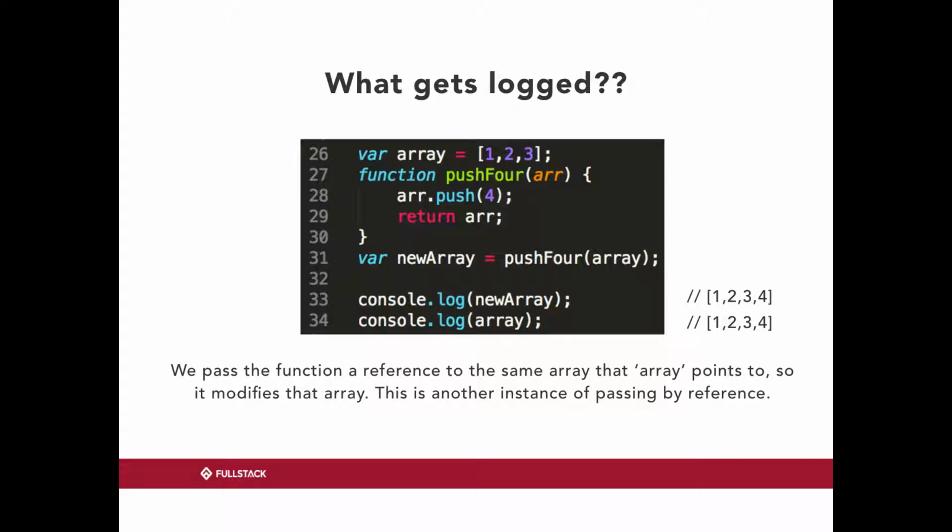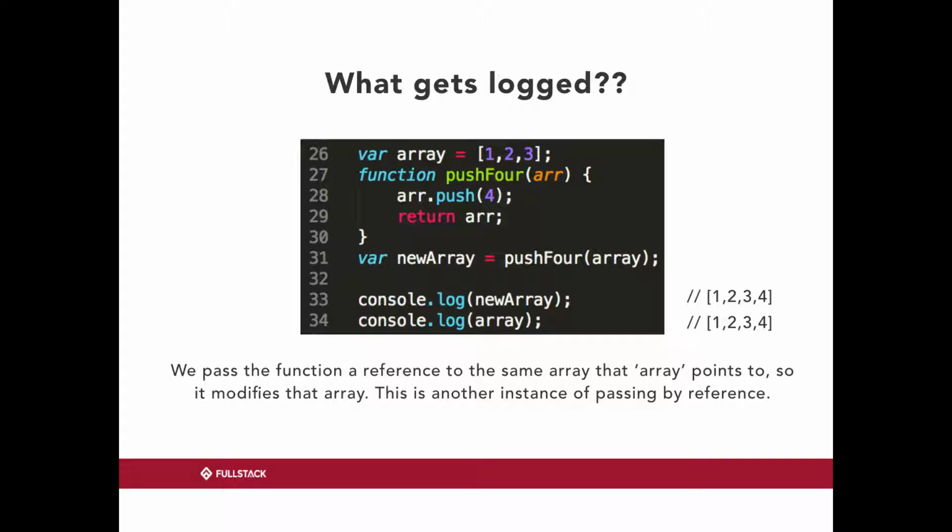We say, okay, great, newArray, you are equal to the array. So where does newArray point to now? Let's say this is 1, 2, and it points to another copy down here, 3. Which one is it? And then we log out both.